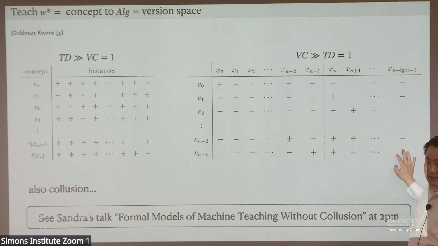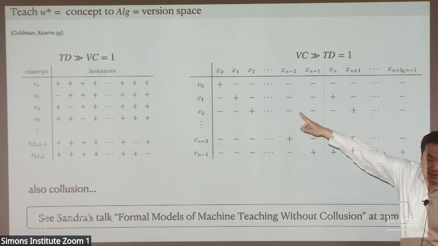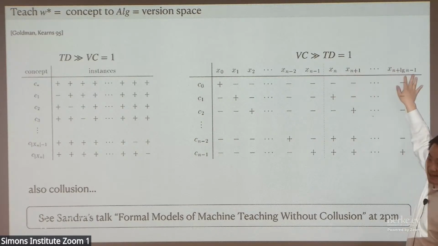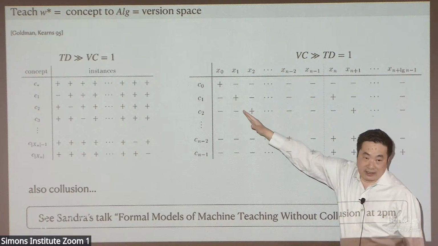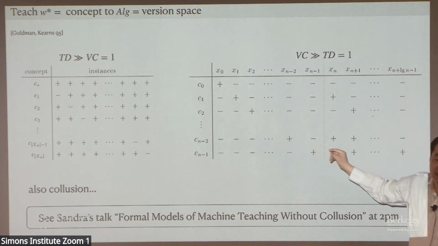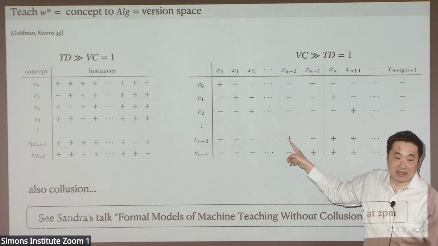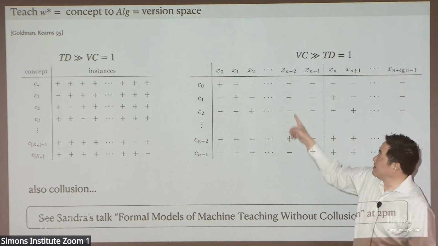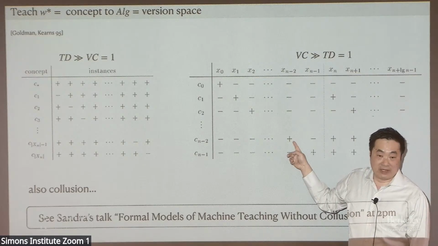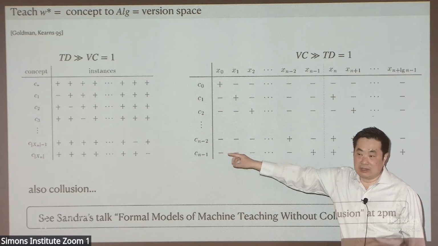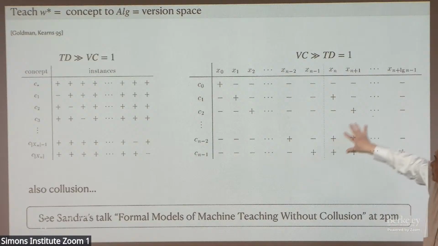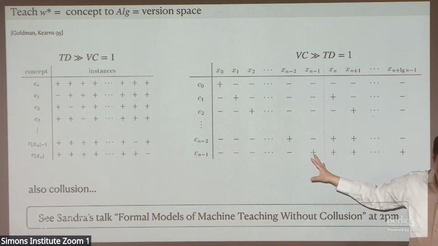We're constructing a problem instance where the VC dimension is going to be log n here because the hypothesis class shatters the right-hand side points here, okay? But because we have this diagonal structure here, the teacher can just use this as an index. It can teach with that specific item and say that is positive, and that uniquely indexes into a concept. So that's why here, the VC dimension can be arbitrarily large, but the teaching dimension is one, okay?